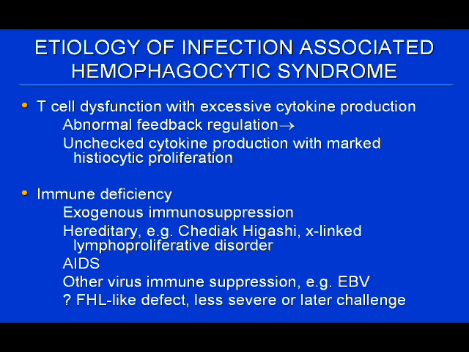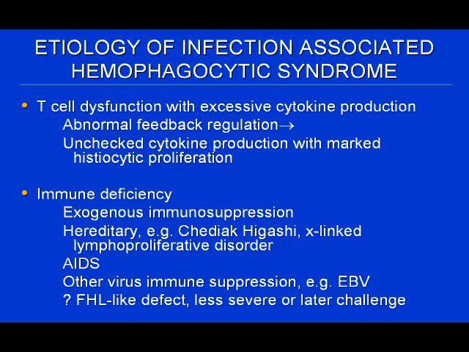Now we know that some patients that develop an acquired infection-associated hemophagocytic syndrome have some sort of immune deficiency. The first cases that were described of this disorder were actually renal transplant patients at the University of Minnesota. It was noted that some of these patients developed this disorder, and if their immune suppression was relieved, even though they would generally lose their kidney at that point, they would get over it.